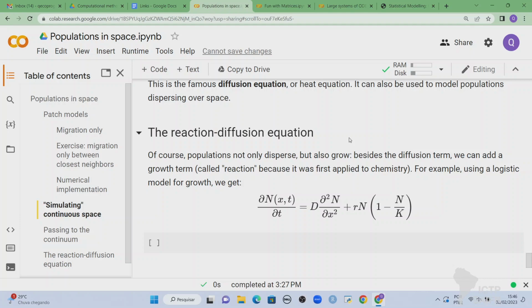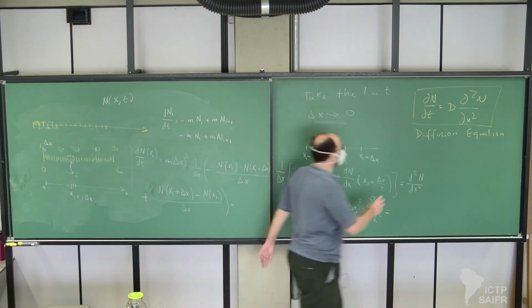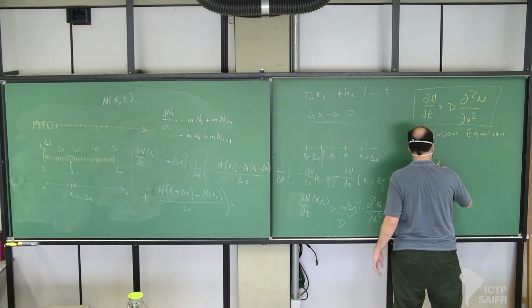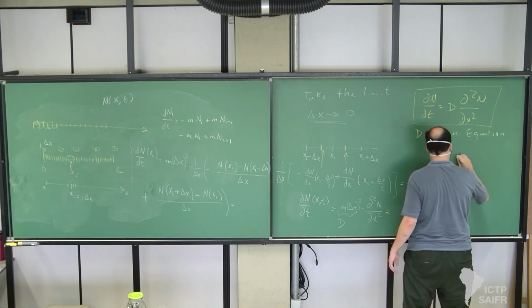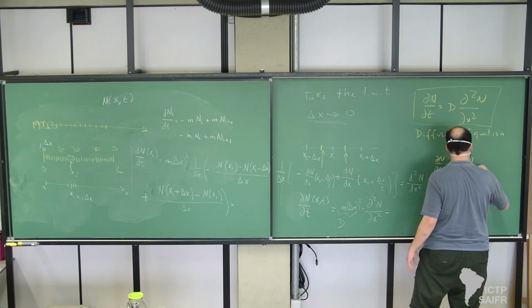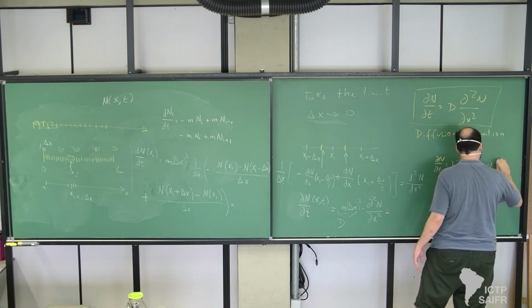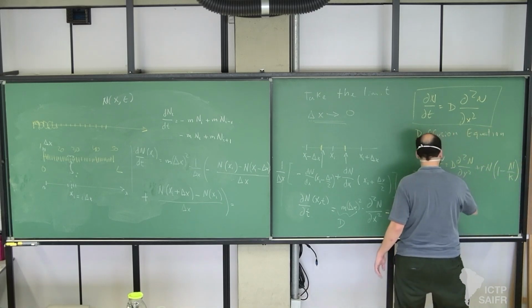Let me write this on the board because it's really important. If I include another term here, for instance a logistic term, this is called a reaction diffusion equation.